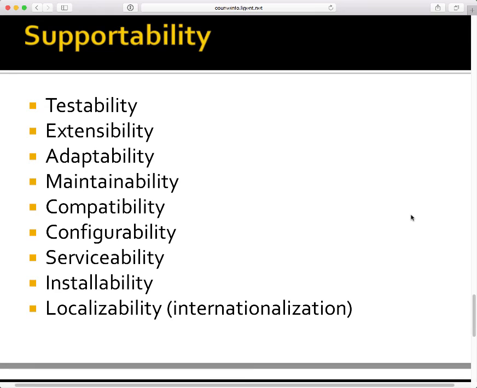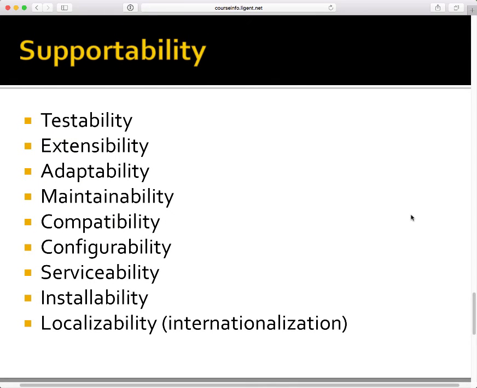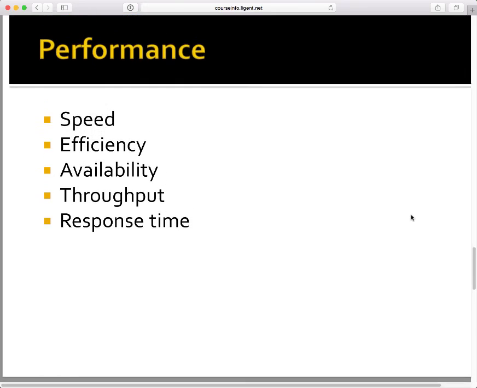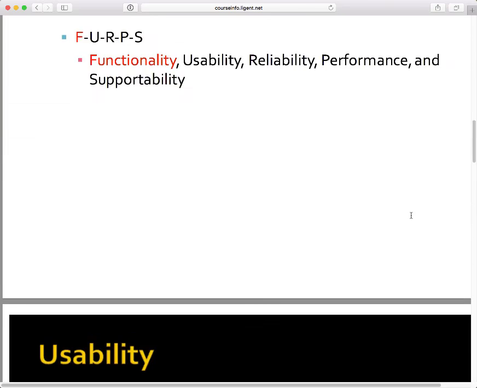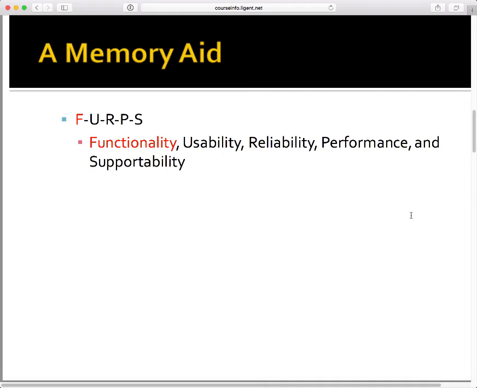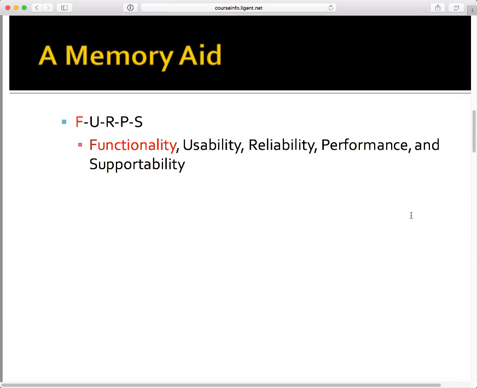Okay, so that was the S of the FURPS. So let's go back and look at all of the letters again. The memory aid is FURPS: functionality, usability, reliability, performance, supportability. The F is for functionality.